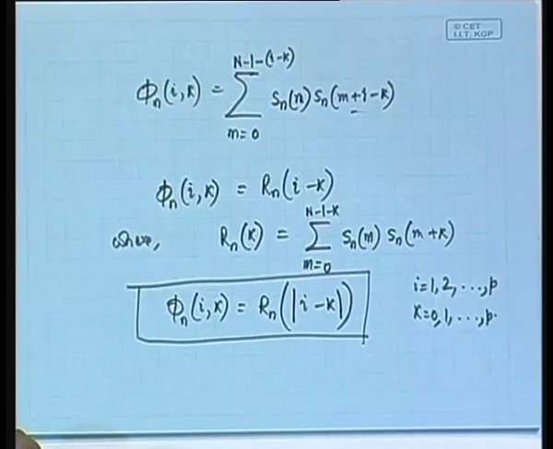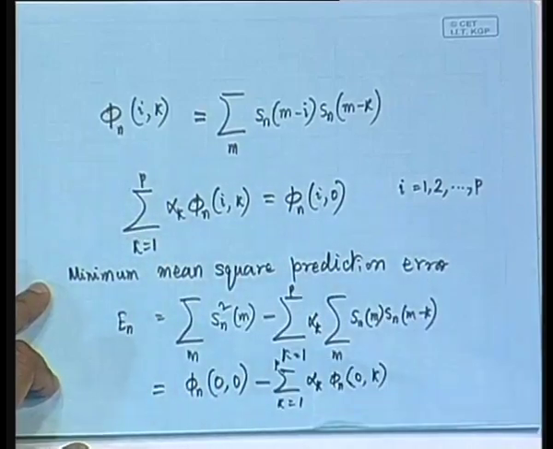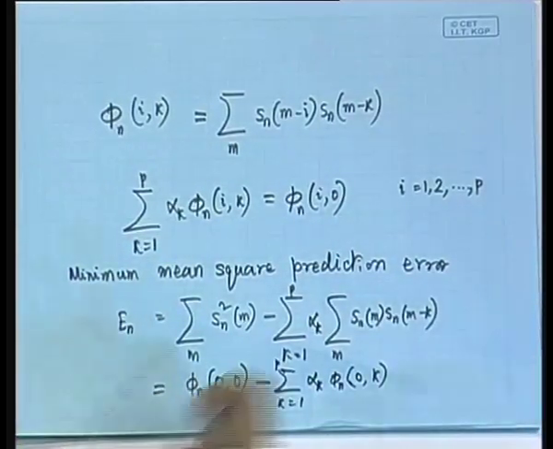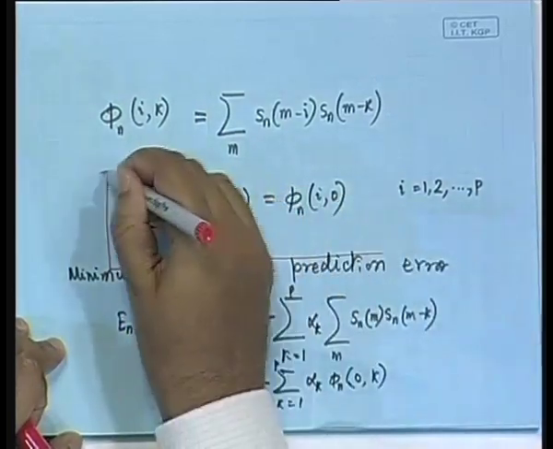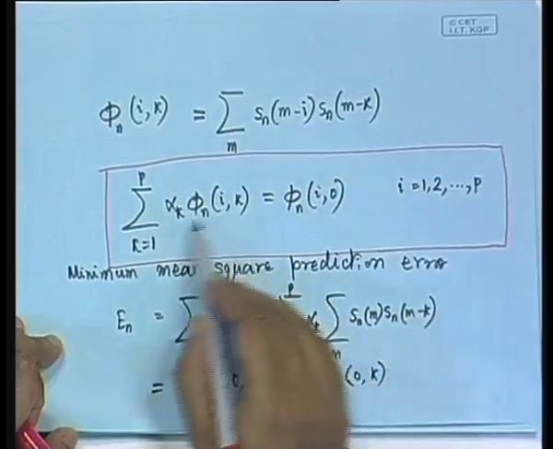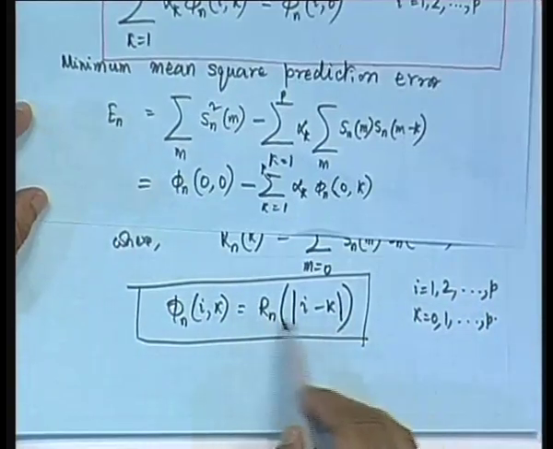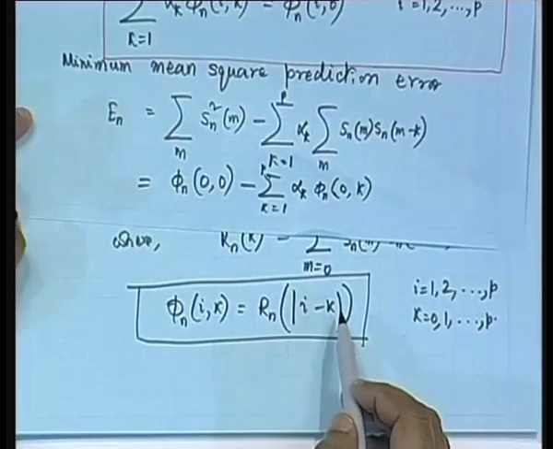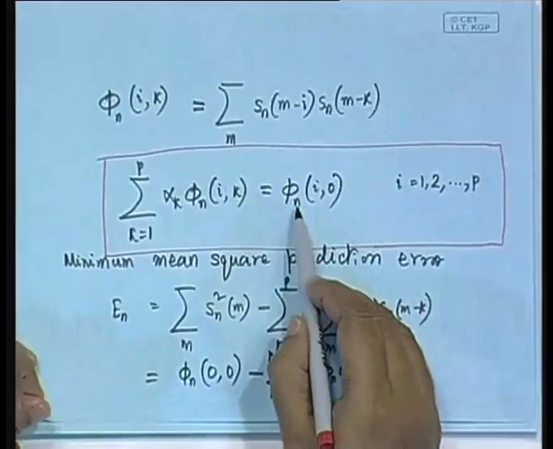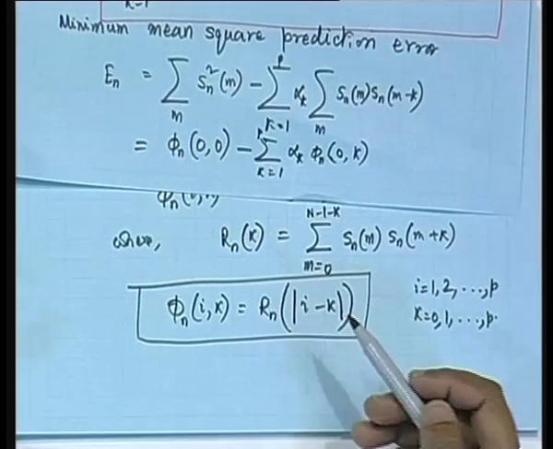So we are required to solve this equation with alpha_k and phi_n. In place of phi_n(i,k), you just put R_n of mod i minus k, and phi_n(i,0) is nothing but R_n(i).